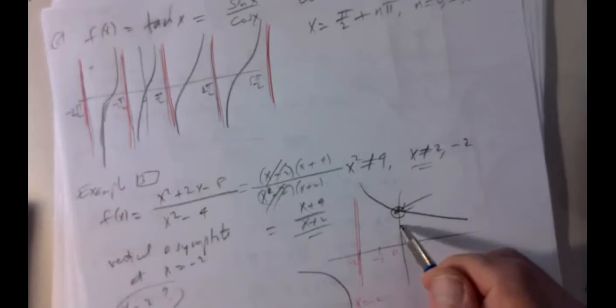And the graph of this function looks like this. And it's not defined at x equals 2. This function is not defined at x equals 2. But this is what's called a removable singularity, because if we define the function to be equal to 2 at x equals 2, we'd have a continuous function.